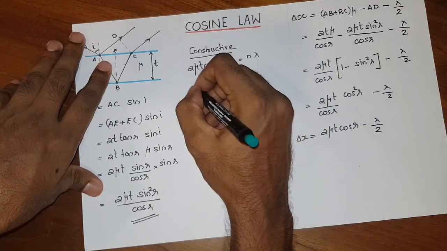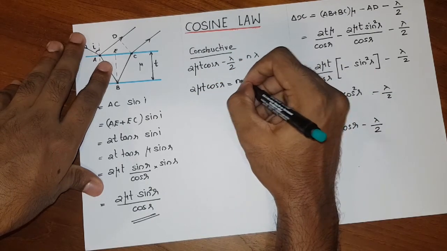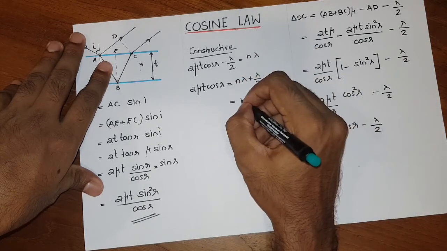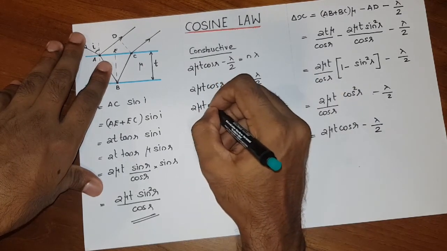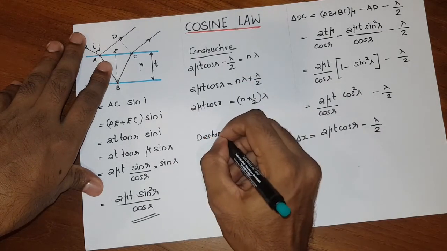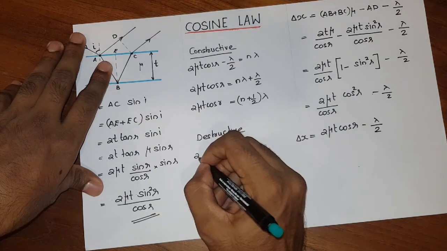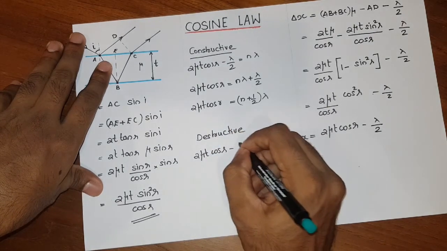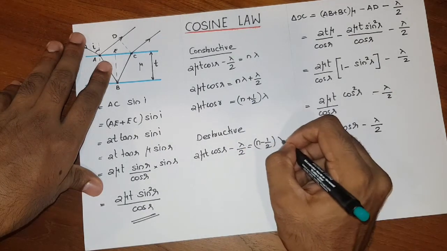So bringing this to the other side, we'll get 2 mu t cos r equal to n lambda plus lambda by 2, which is nothing but n plus half into lambda. That is the value of 2 mu t cos r. And for destructive interference, 2 mu t cos r minus lambda by 2 should be equal to n minus half into lambda.